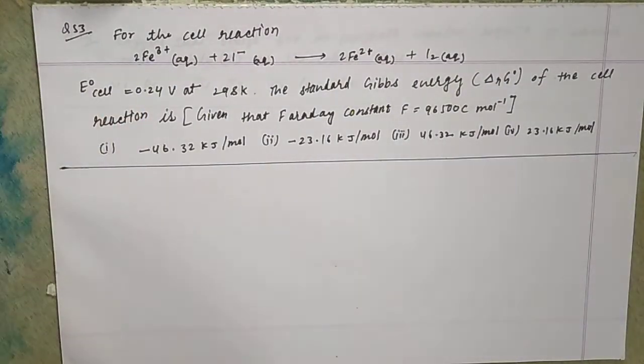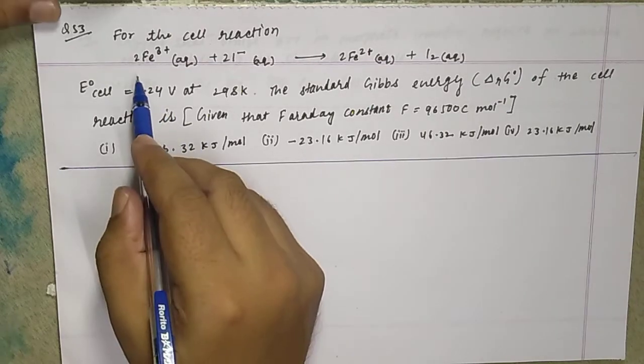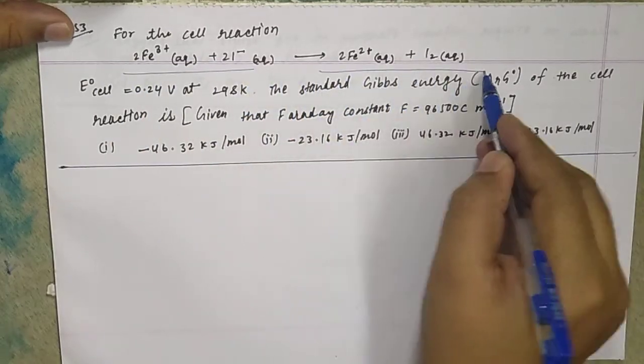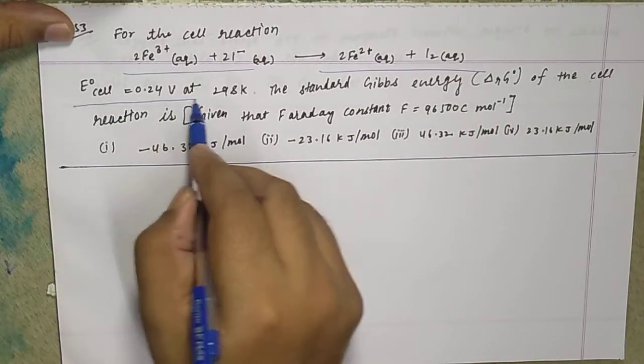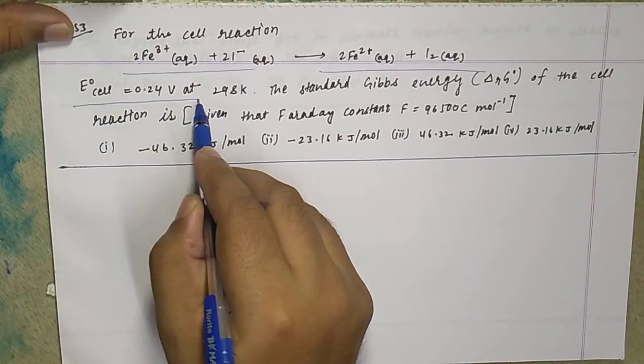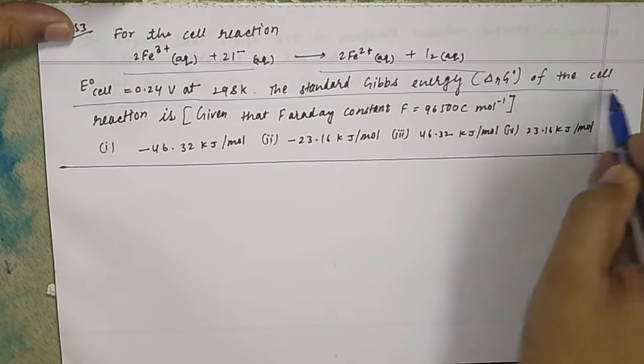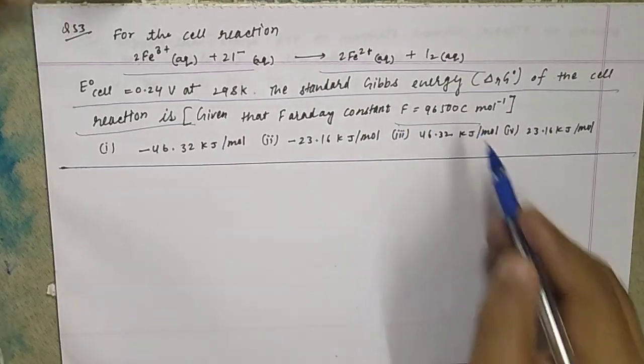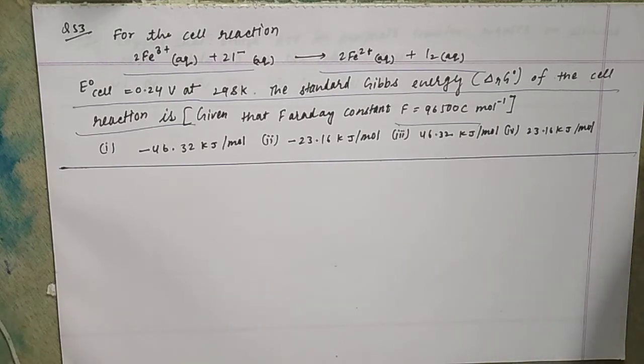Now let us see another problem, number 53. This is also an easy problem. What they are saying: for the cell reaction 2Fe3+ + 2I- gives 2Fe2+ + I2, the E cell is given as 0.24 volt. The standard Gibbs free energy of the cell reaction is what they are asking. F is also given, Faraday constant 96,500.